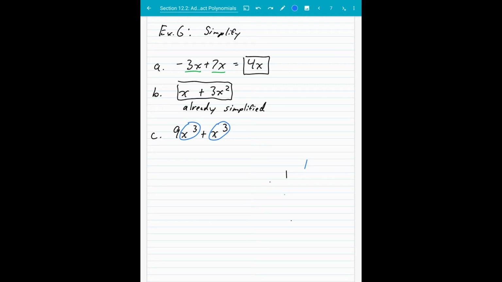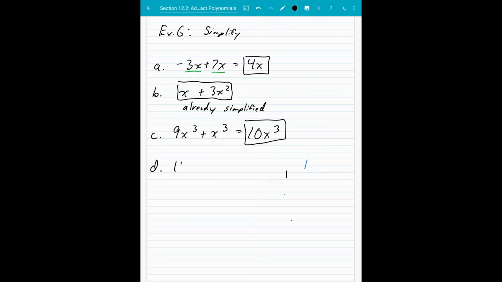So for this one, since x to the third is on both of them, we can go ahead and combine. This and this are the same, so we can combine the front numbers. 9 plus 1 would make 10. So this would end up making 10x to the third. That's our answer, because 9 plus 1 is 10. And we can only do that because these two are the same. They have to be entirely the same.